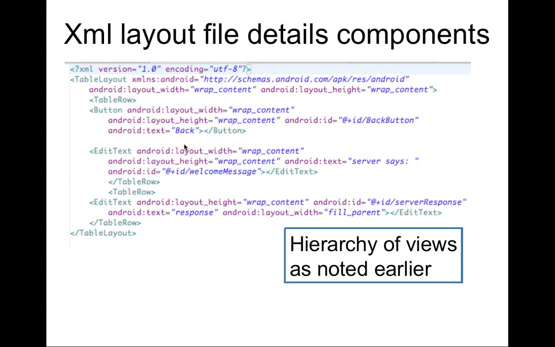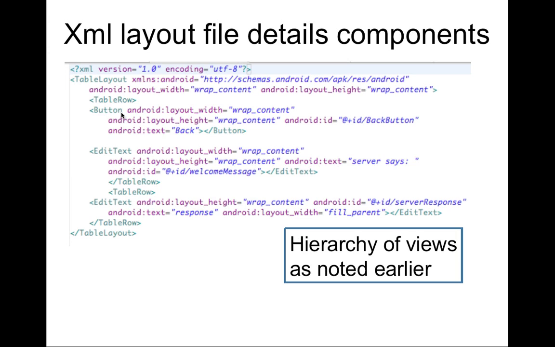So here's a hierarchy of view as noted earlier, and this is just another look at it, so you can see the hierarchy. It's also in the XML file. Another point to make, which is a best practice, because I'm trying to hit all the best practices today as well, is to use indentation. If you use indentation, then you can actually see the hierarchy. In this particular case, you can see there's a table view.